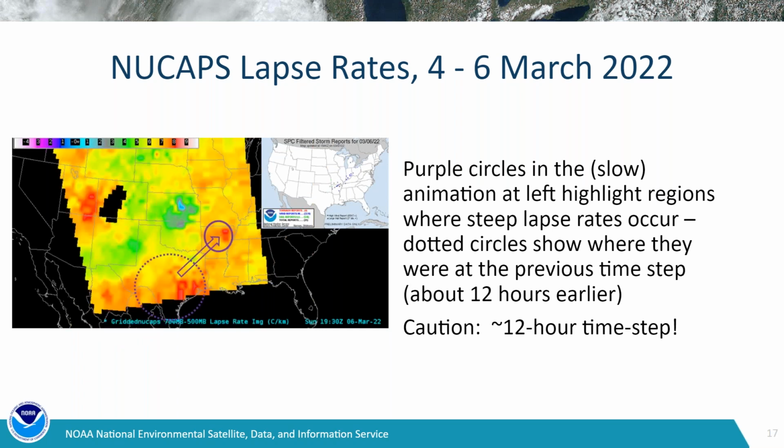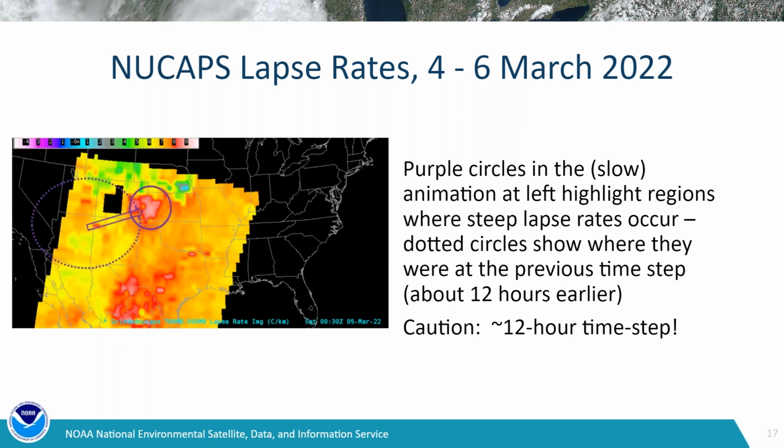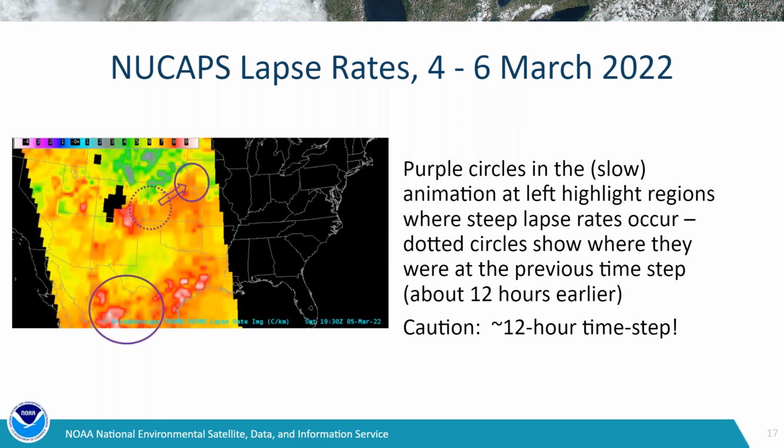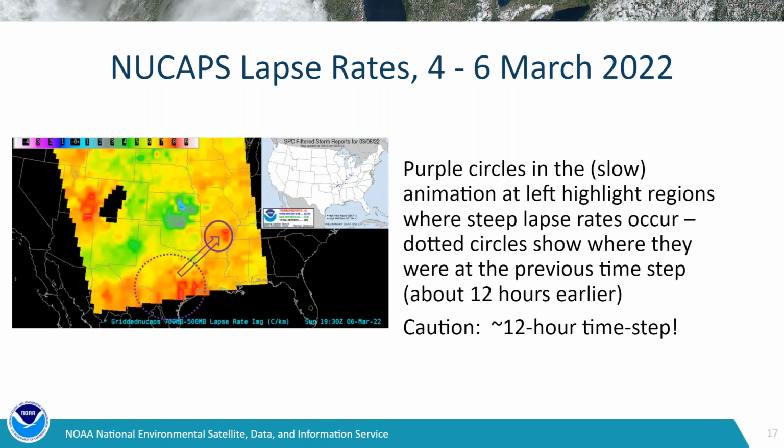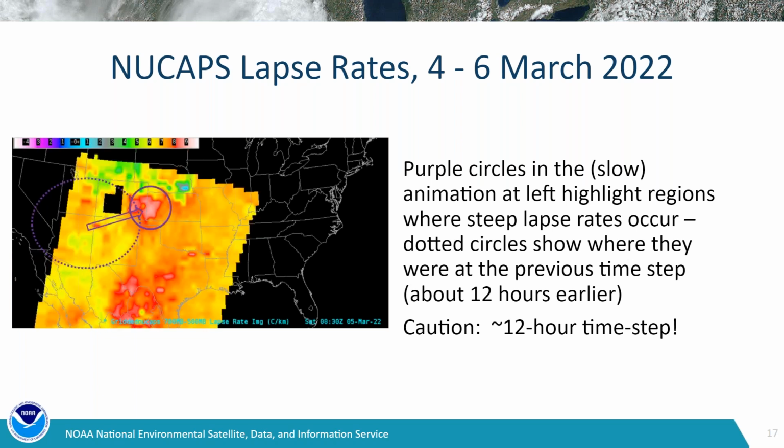So I think we talked a lot about this past event, and we had two good days for severe weather, and it really looked like portions of the lower 48 were being impacted by EMLs with two different source regions on this day.